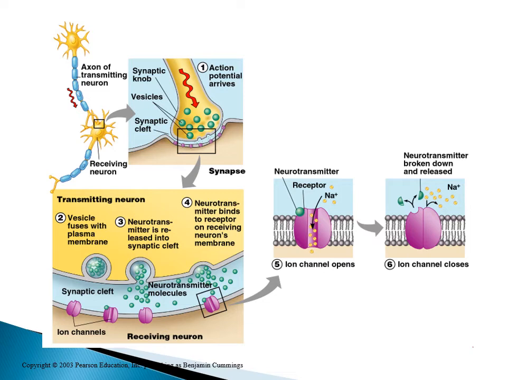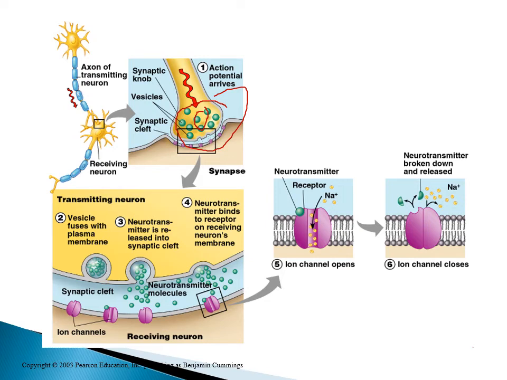Okay, so here we have a couple of pictures that are trying to show us what's taking place at the axon terminal. I think they do a pretty good job of that. So step 1, the action potential reaches the axon terminal. Here we have those synaptic vesicles, all these little green dots. Stored inside those vesicles are the neurotransmitters.